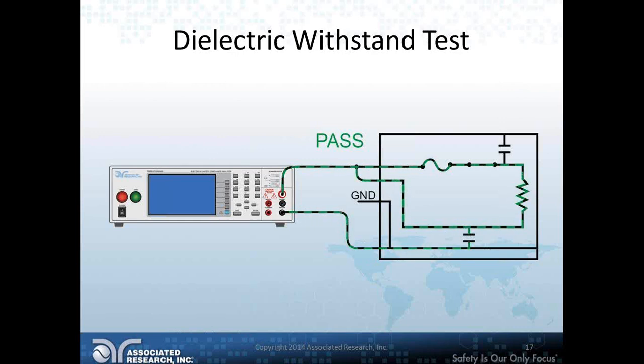In other words, high voltage is applied by shorting the line and neutral pins on the device's line cord. By shorting the line and neutral, high voltage is applied, and this is how the insulation of the device is stressed. The high voltage is applied between the mains conductors and the metal chassis of the product. As the high voltage is applied, a resulting leakage current flows.